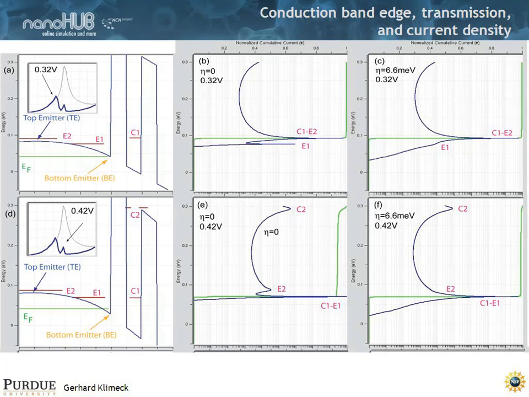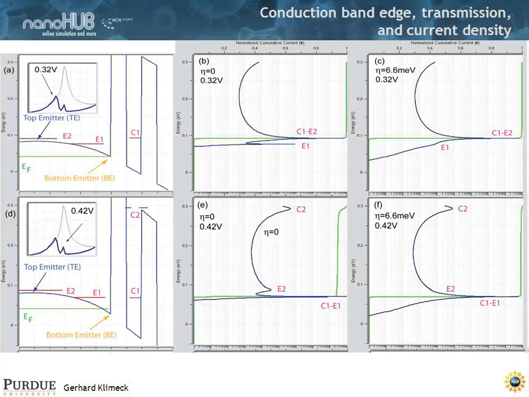And if we now turn on eta to 6 millielectron volt, that little hump here that was due to E2 gets absorbed in the broadened current density, and almost all the normalized current is now flowing through C1 and E2. Again, the green line is normalized to 1 for the total current. So the absolute current flowing through the second state is probably the same. It didn't change. It just is now being dominated by the current that flows through the ground state.